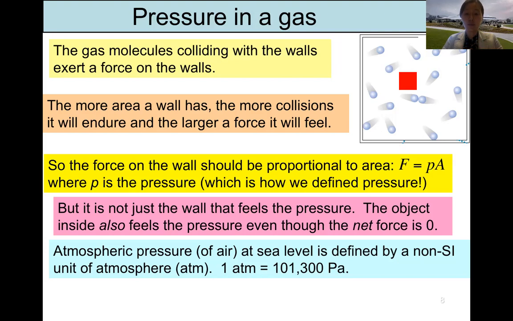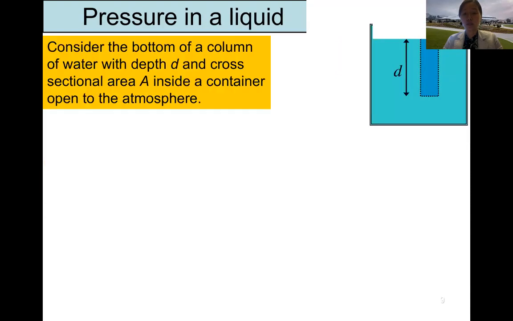This pressure changes when you go up higher or lower. If you go up in the mountains, you will feel smaller pressure because the air gets less dense. So you will not get 1 atm, you will get a little bit less. But at sea level it is 101,300 Pascal.